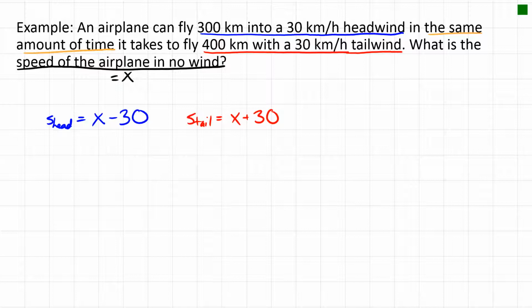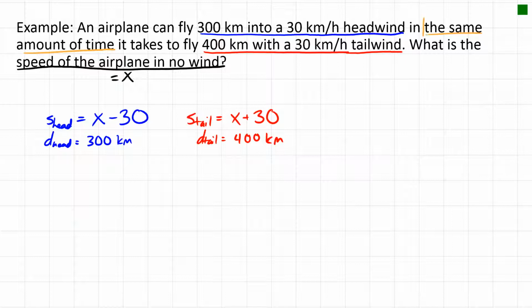Now, how am I going to relate? The other thing we have is I should write the distance. So the distance with the headwind, it can go 300 kilometers. And the distance with the tailwind, it can go 400 kilometers. It can go further because it's traveling faster. Now, how am I going to connect these things in order to solve for the speed of the airplane with no wind?